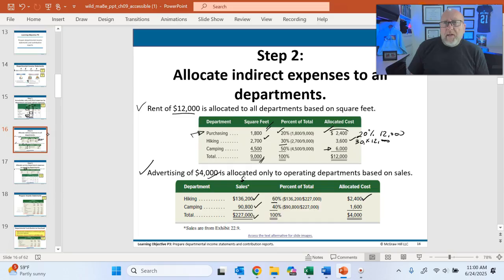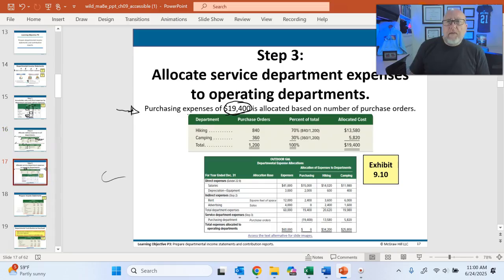So we allocated, hey, I can draw on this slide. I allocated 2,400 in rent. So 17,000 in expenses plus the 2,400 in rent is going to give us the 19,400. And that's this right here.